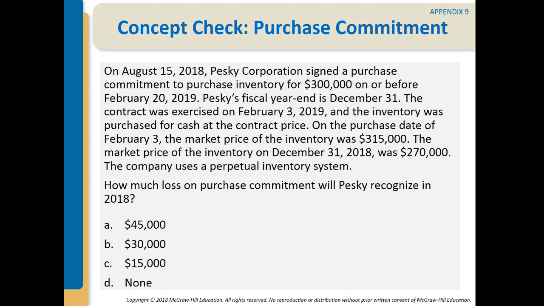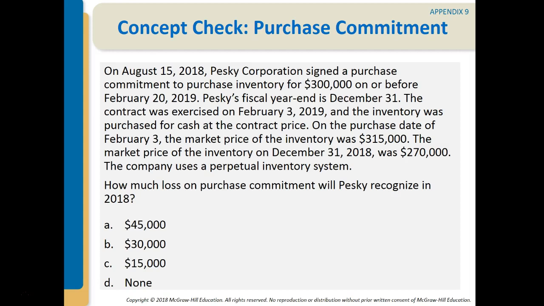So on August 15th of 2018, Pesky Corporation signed a purchase commitment to purchase inventory for $300,000 on or before February 20th of 2019. Pesky's fiscal year end is December 31st. The contract was exercised on February 3rd, 2019, and the inventory was purchased for cash at the contract price.